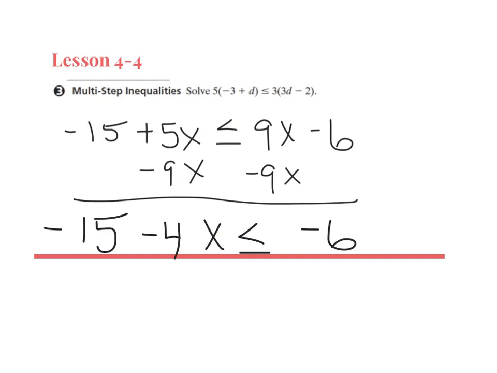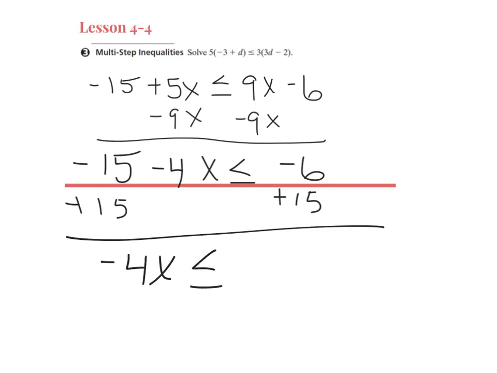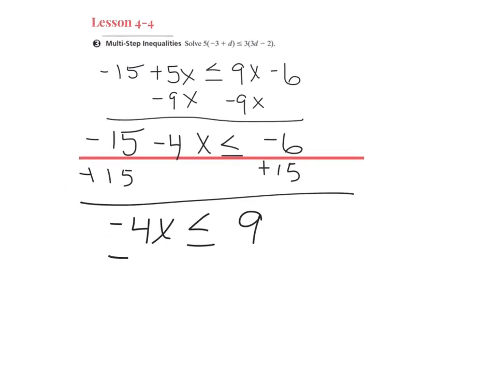So then now I'm going to add 15 to both sides, again using that addition property of inequality. And I'm left with negative 4x is less than or equal to 9. Okay, so in my final step, I'm going to divide both sides by a negative 4. Are bells going off in your head?